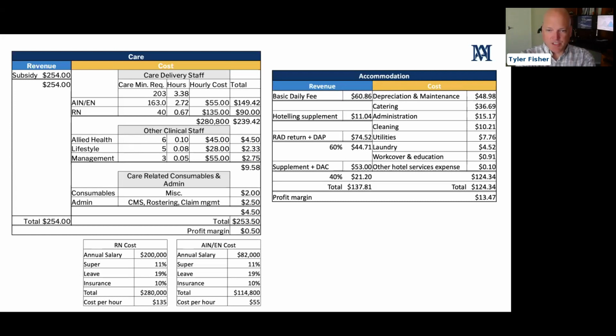But really, to achieve this, the importance is to determine that optimal price and price for room and mix between RAD and DAP, and what are the occupancy targets, and we need to have support around that decision making and transparency, and really regularly monitor the local and national price changes to remain competitive. But just breaking this down, obviously the basic daily fee is fixed, the hoteling supplement is fixed.